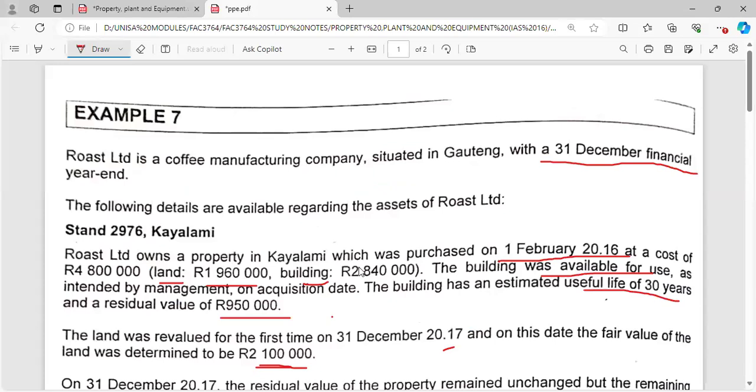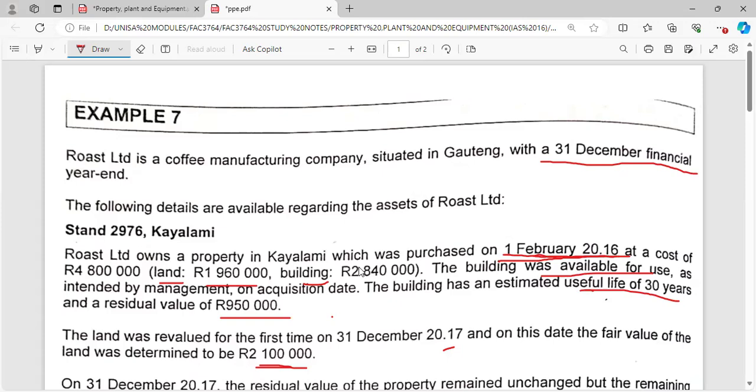So for our accumulated depreciation, we need to look at when the asset was brought into use. The asset was brought into use on 1 February 2016, right? And we are doing the financial statements for 2017. So what you can do here is have the depreciation for 2016, then have the depreciation for 2017.